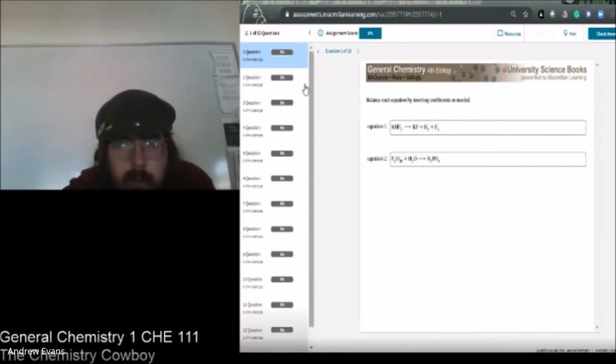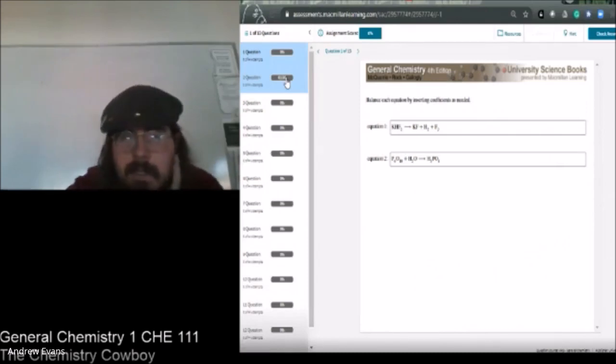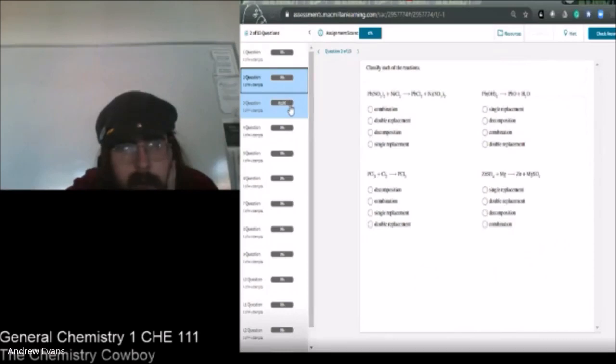The first couple problems is balance this equation. So not too bad. We have one of recognizing whether this is a single displacement, double displacement, combination, decomposition.